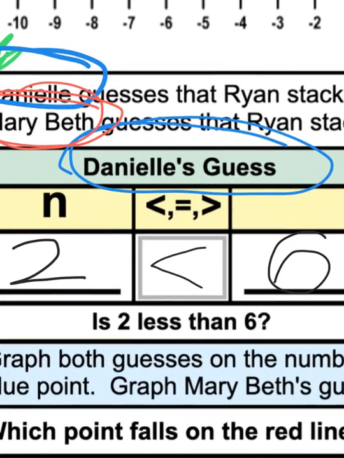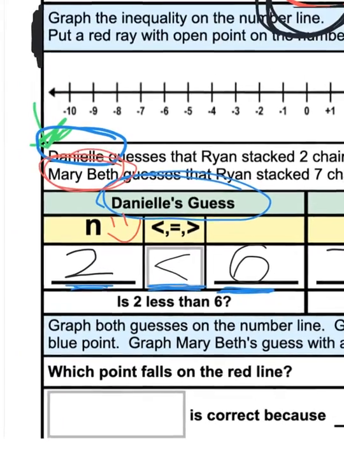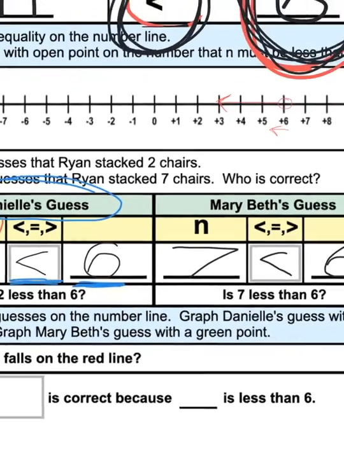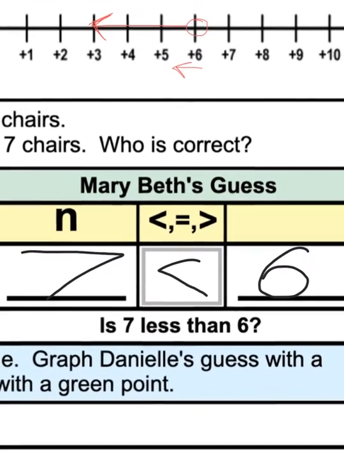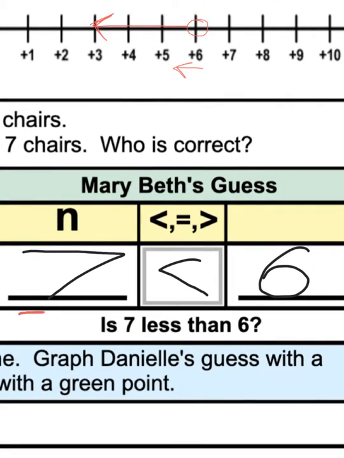So now if we look at these two, I ask myself, is 2 less than 6? Yes, 2 is less than 6. You don't have to do this, but I'm going to put a little smiley face. Yes, that makes sense. Let me go over to Mary Beth's guess. Mary Beth is saying 7 is less than 6.